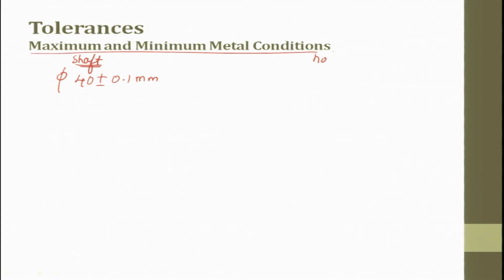Let us take a hole, diameter 40 plus or minus 0.1 millimeter. So, what are the 2 possibilities? It can be 40.1 and this can be 39.9. So, this is called the maximum material limit for a shaft, and this is called the minimum material limit.